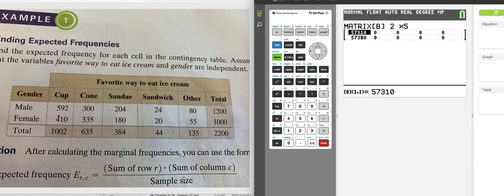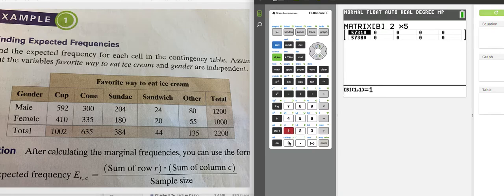So you have to add up this column, get this number, add up this column, get this number, and so on. Add up your whole row, get this number, add up your whole row, get this number, and then add up these two. This is your total number of samples. To find this spot, the very top left, I'm going to take the total here times the total here divided by this number.